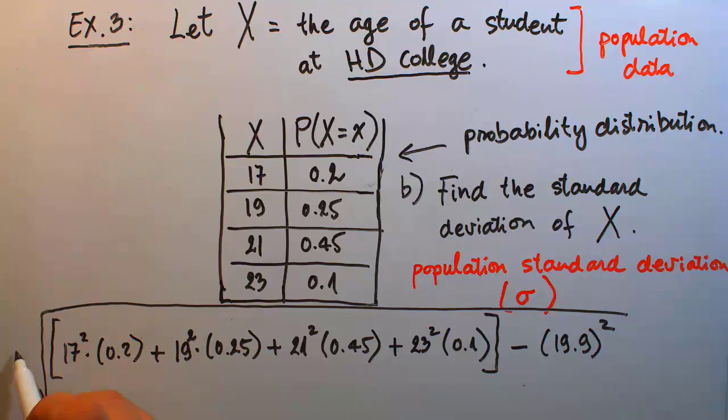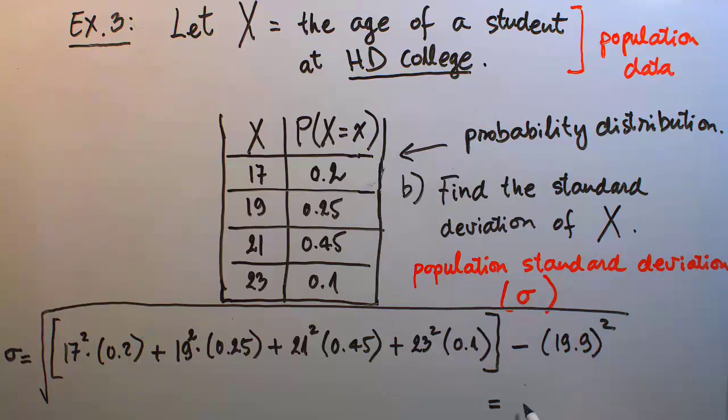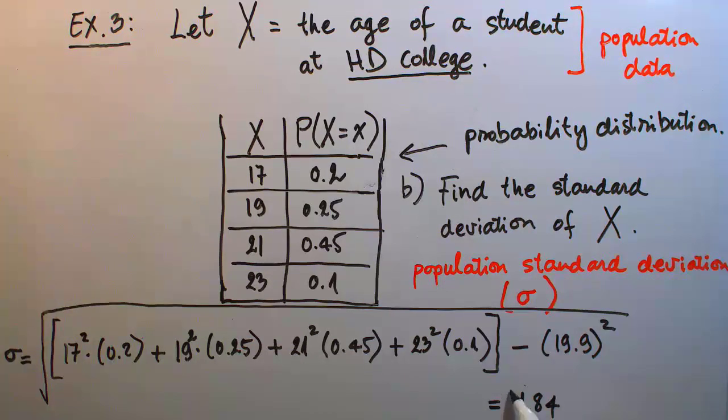That is how we calculate our population standard deviation. So sigma equals that square root quantity. Now I'm ready for the final answer. The calculation comes out to be 1.84. And that is how we calculate our population standard deviation.